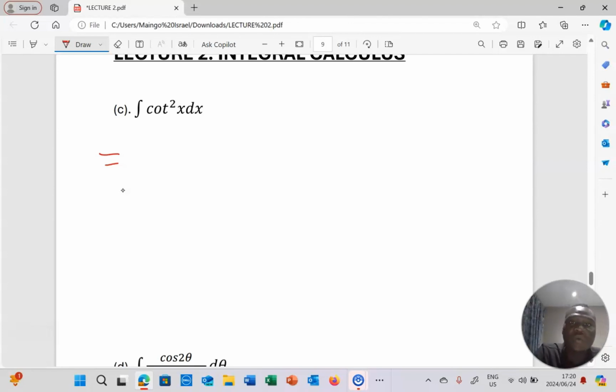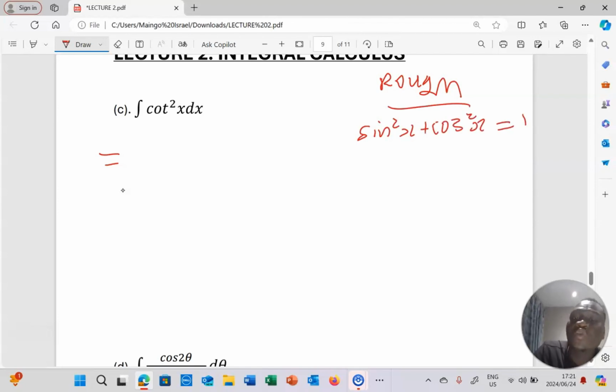So we need to use, we know from this trig identity that sine squared x plus cos squared x equals 1.